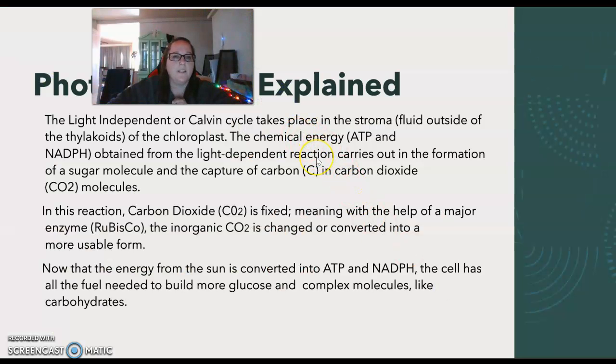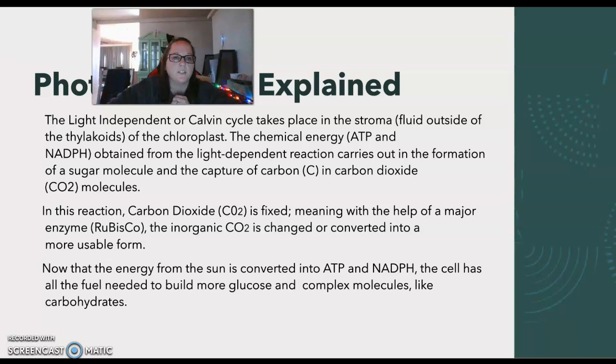The light-independent or Calvin cycle takes place in the stroma, fluid outside the thylakoids of the chloroplast. The chemical energy, ATP and NADPH, obtained from the light-dependent reaction carries out the formation of the sugar molecule and the capture of carbon in carbon dioxide molecules.